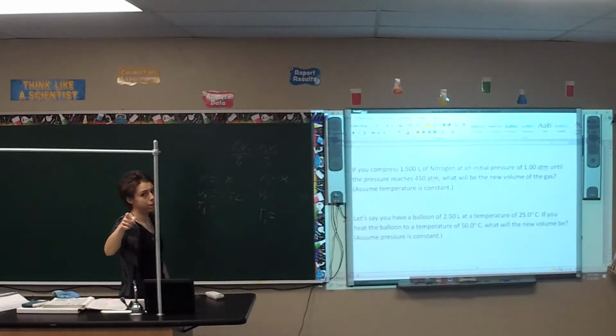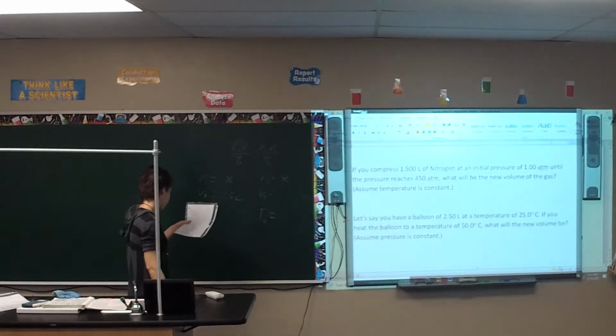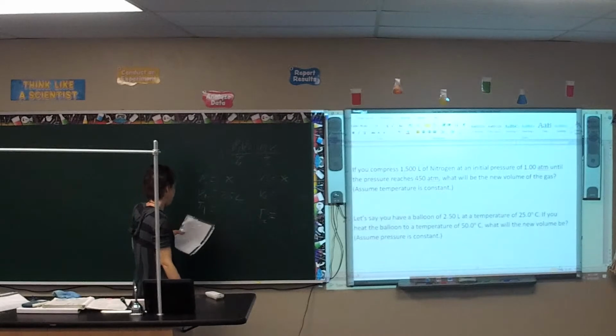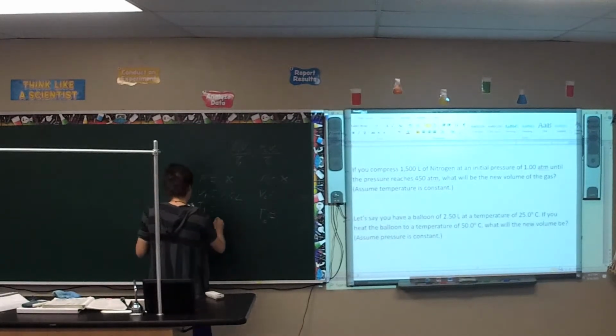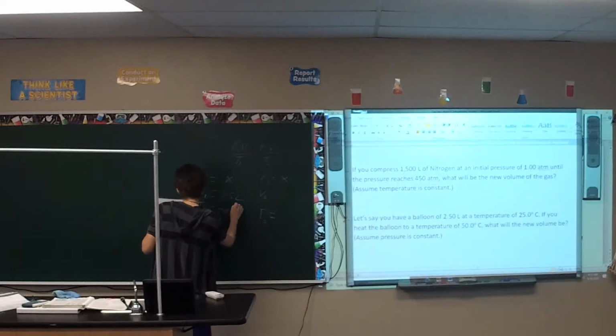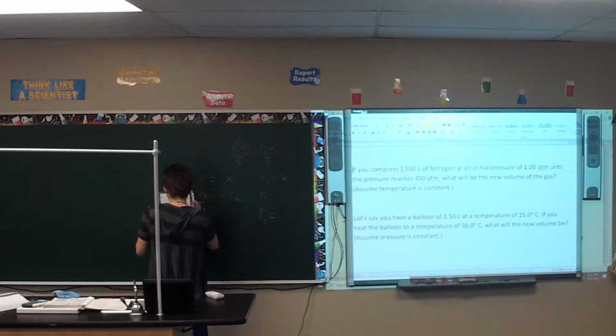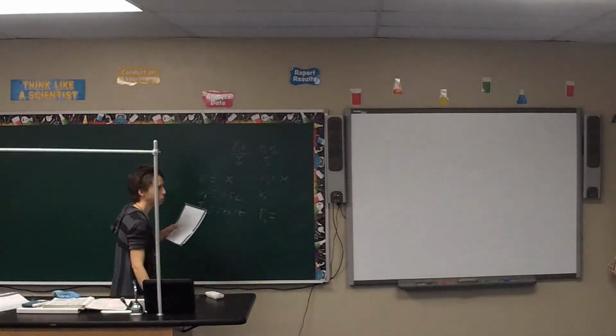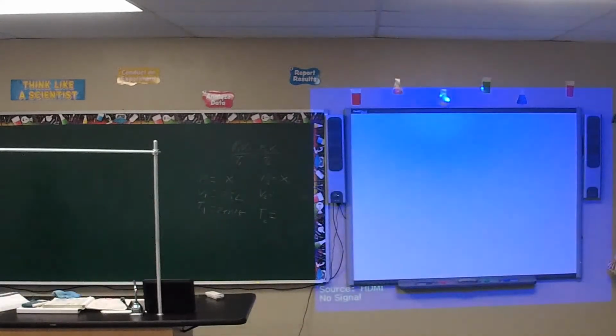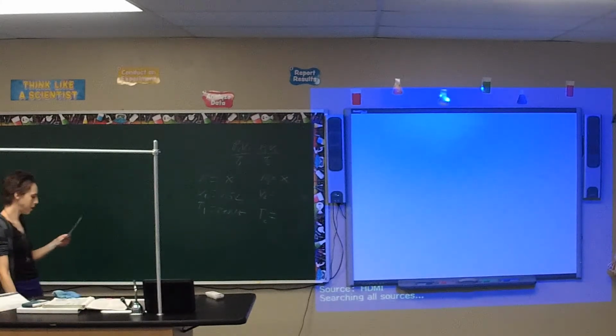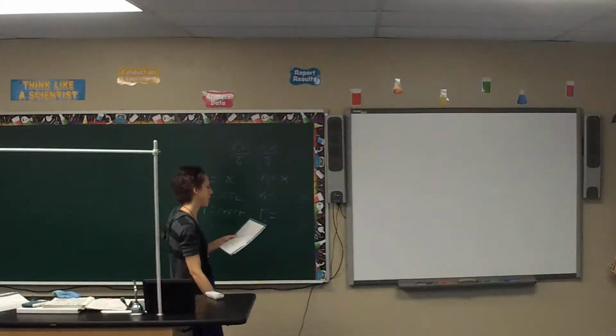Can I use Celsius though? Nope. So adding 25 to 273 gives me 298. Oh, I'm looking at the wrong column, sorry. I'm looking at 298.15. Okay, so looking at the second problem, it's asking what the second volume is if the temperature is increased to 50.